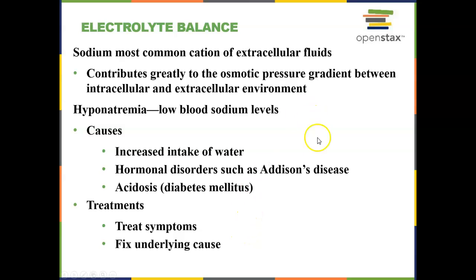If the cause is Addison's disease, then you're going to increase the amount of aldosterone and cortisol in our system. If the disorder is due to not eating any sodium, then you might just increase the amount of sodium in the diet.